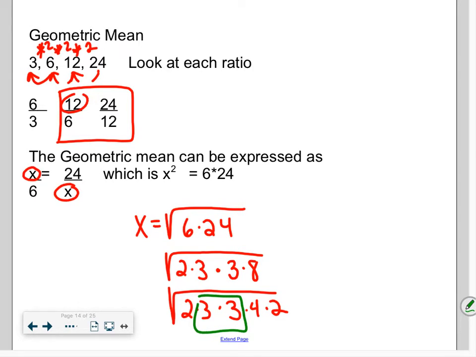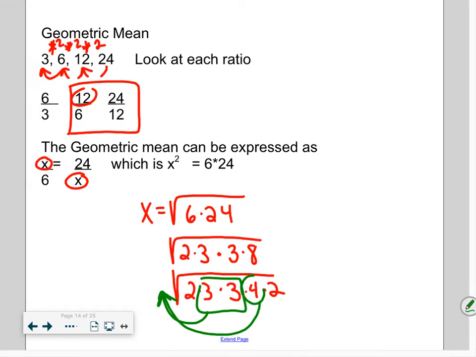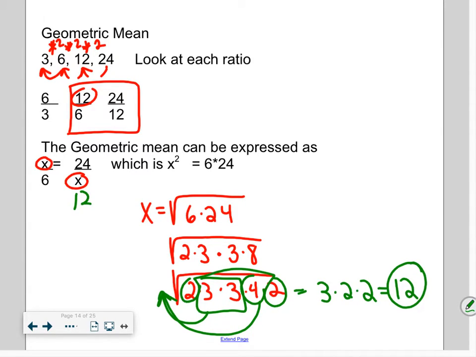The 3's can come out, the 4 can come out, and the 2 can come out. So really I end up getting 3 times 2 times 2, which gets me back to 12, which was the missing piece to make that ratio equal.